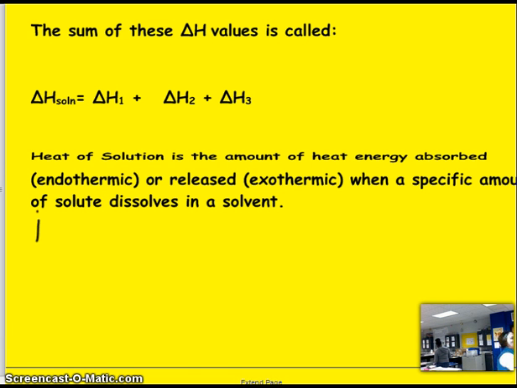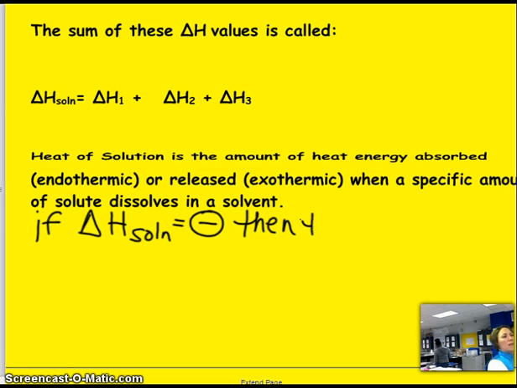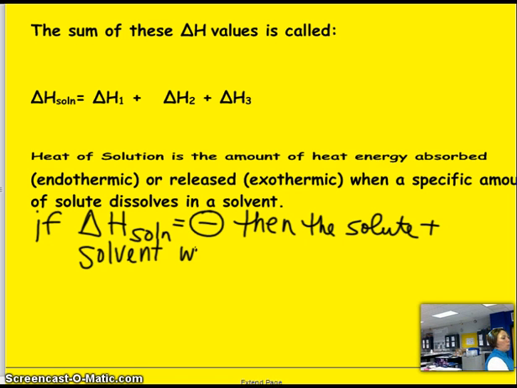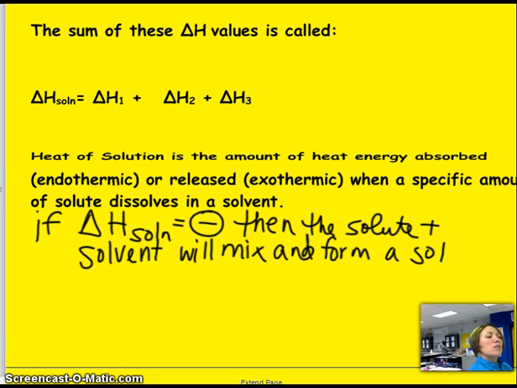And if delta H of the solution is negative, then the solute and solvent will mix and form a solution. So really, like dissolves like is really a matter of the energies. If more energy is released when they mix than is required to separate each component, the solution will form.